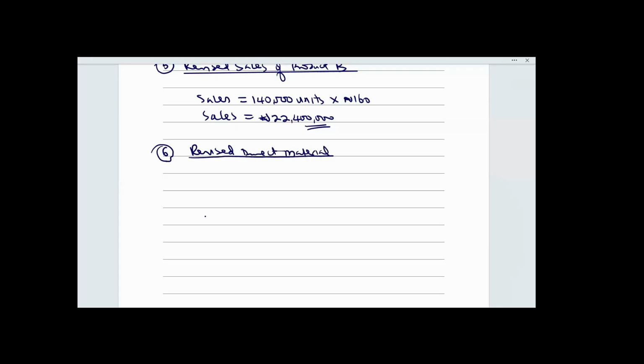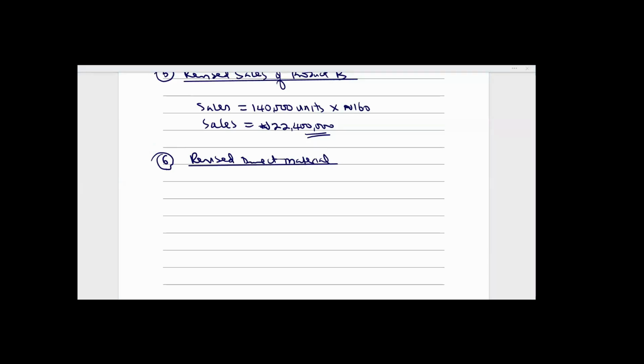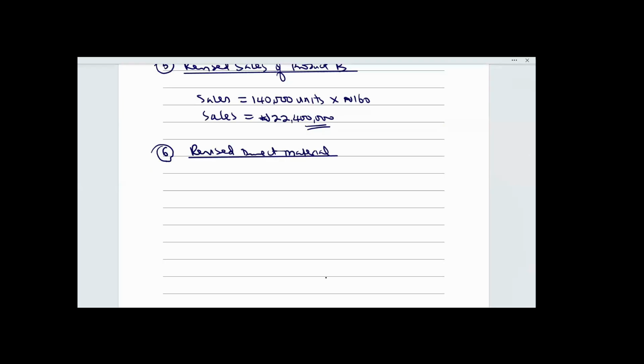For each product, we are told that direct material will reduce by 10% for A and 20% for B. So direct material for product A will reduce by 10%.